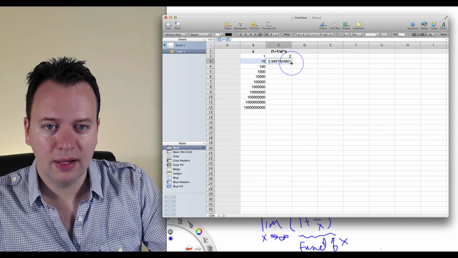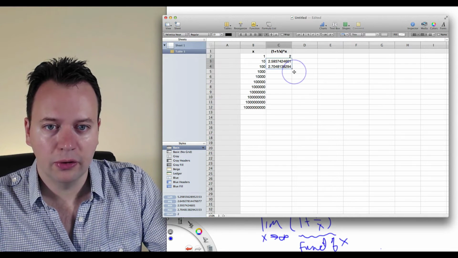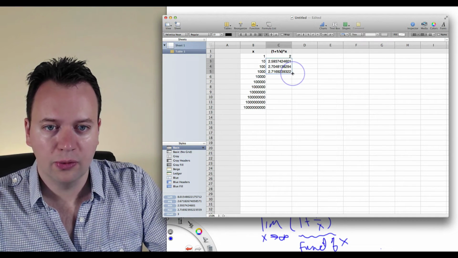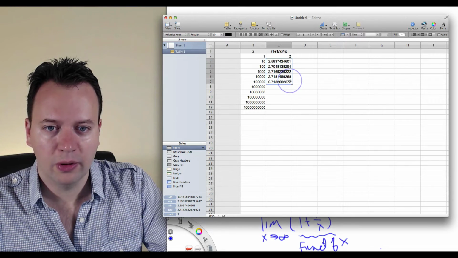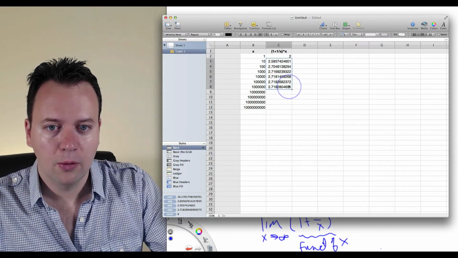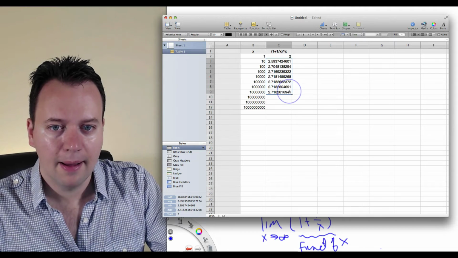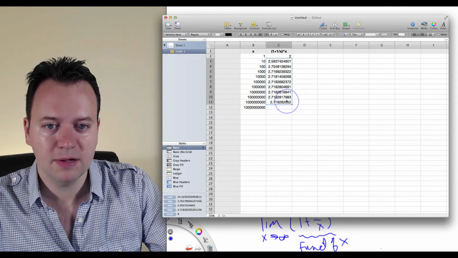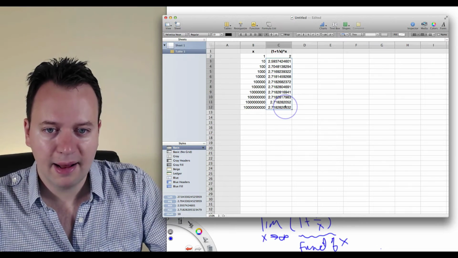Well, let's keep going down. 100, 2.7, it's getting larger. 1,000, 2.72 approximately. 10,000 times per year, 100,000 times per year, 1 million times per year, 10 million times per year, 100 million times per year, 1 billion times per year, 10 billion times per year.